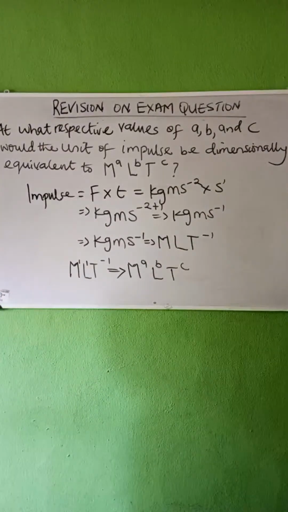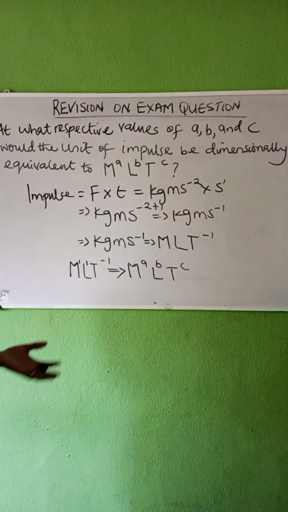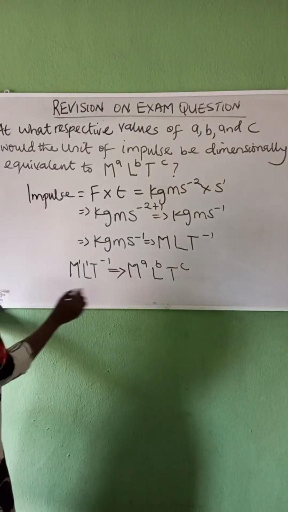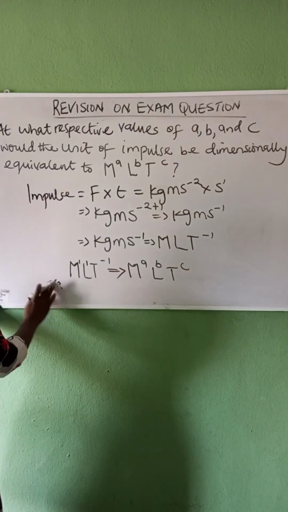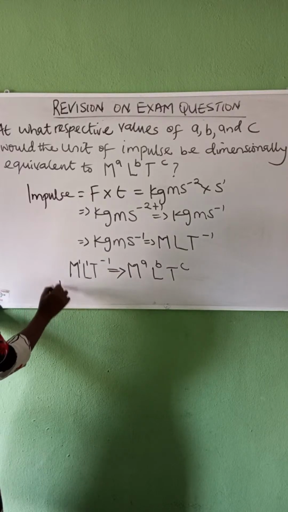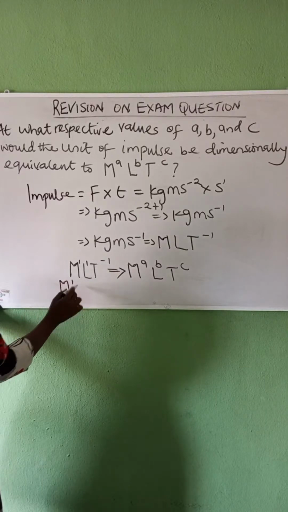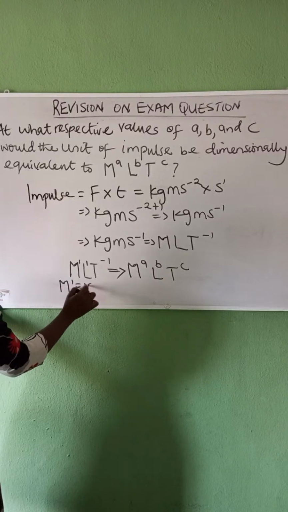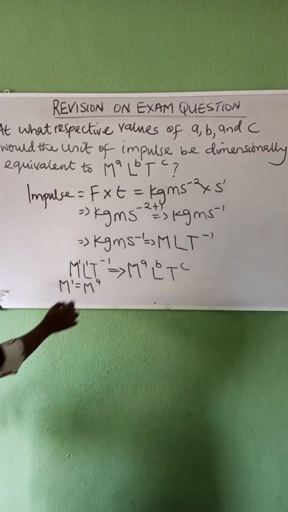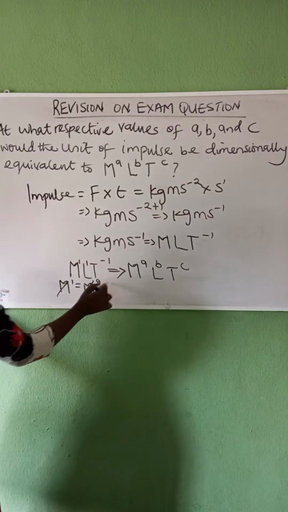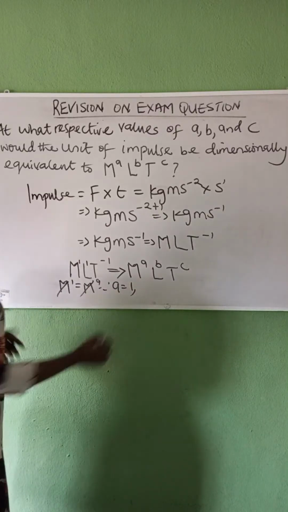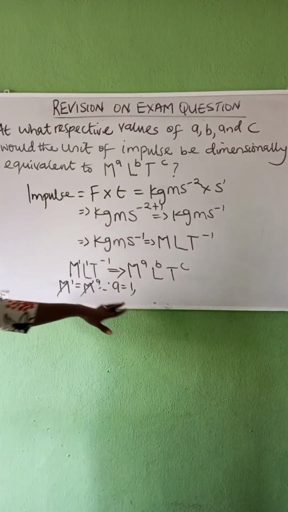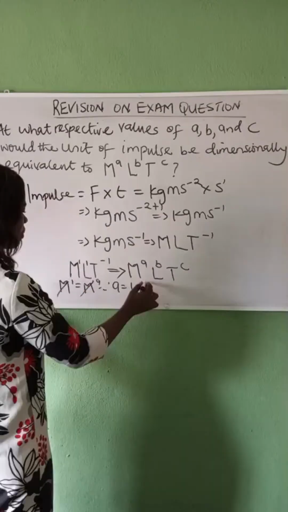Now I can just bring it together. If M power 1 is equal to M power A, then if I cancel this, automatically A is equal to what? 1. Is that clear?